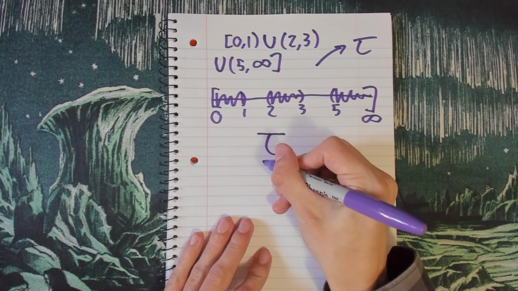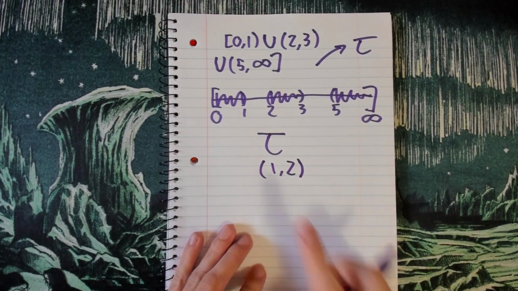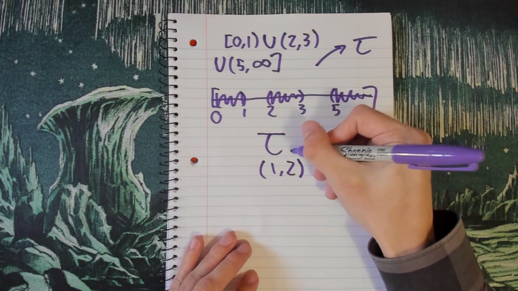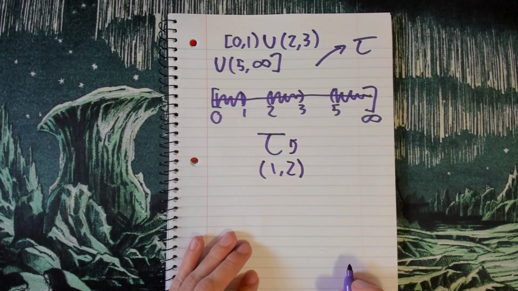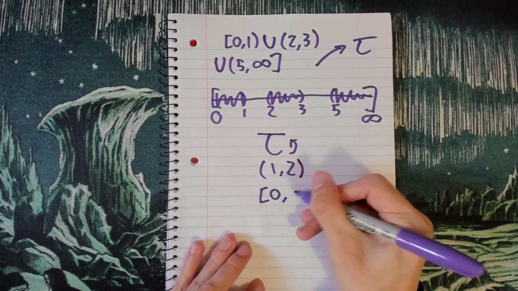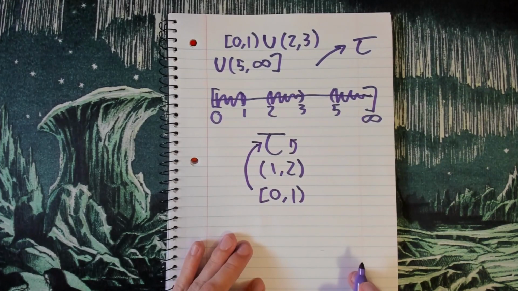So of course, intuitively, we have a pretty nice thing because the open interval 1, 2 is going to be considered an open set because it is in the topology after all. But less intuitively for some, this thing is also going to be considered an open set.